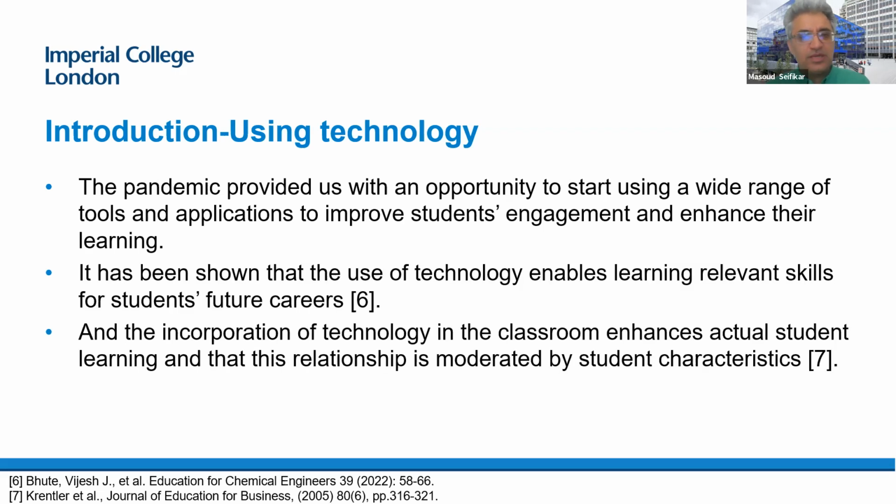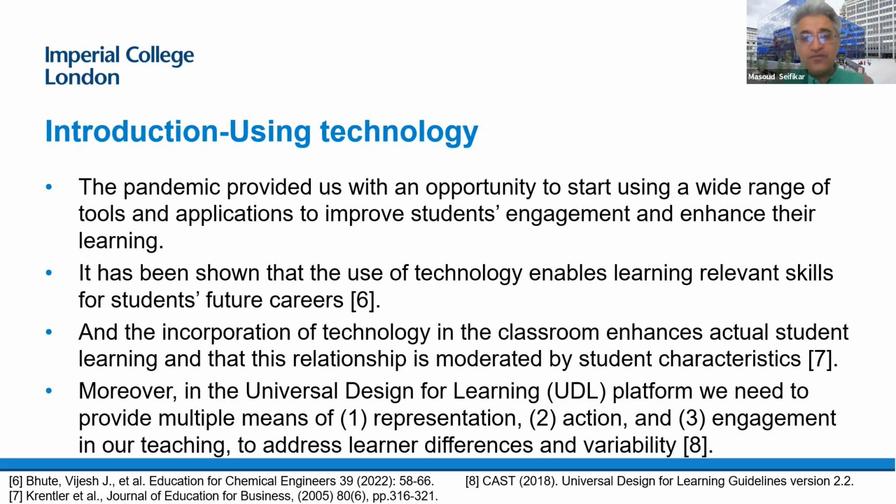And it has been shown that using technology enables learning skills in students and also enhances actual student learning. If we use technology and have a blended learning approach, at the same time we are following universal design guidelines as well. In this guideline, we are trying to provide multiple means of representation, action, and engagement.